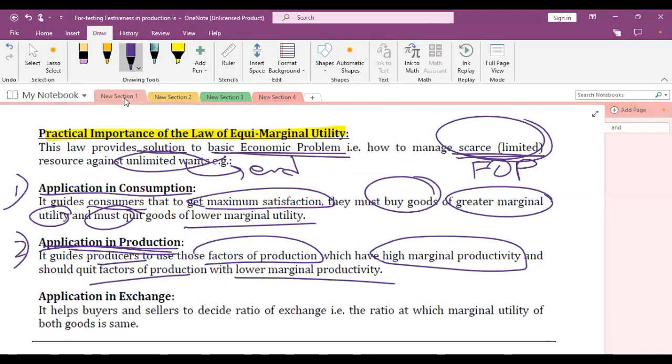So, this problem of the producer is also solved with the help of the law of equi marginal utility.